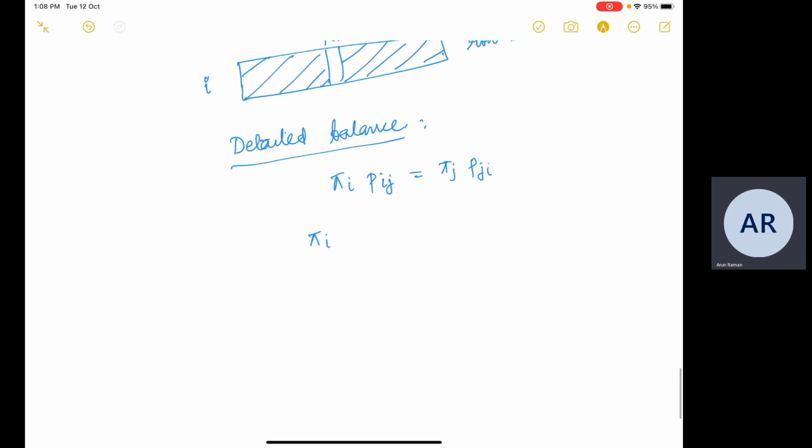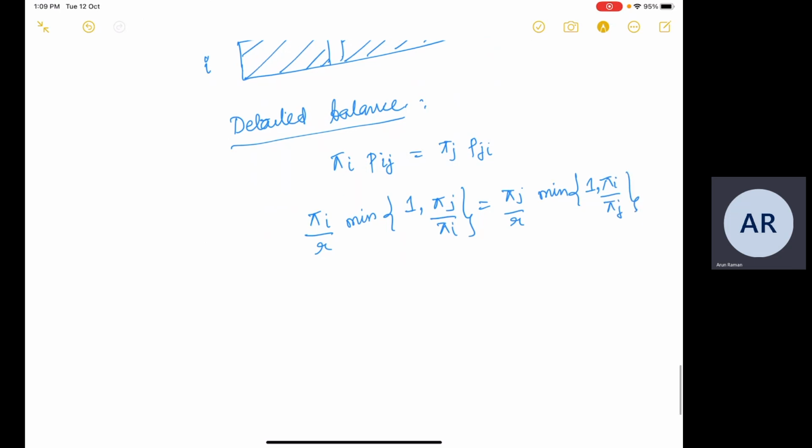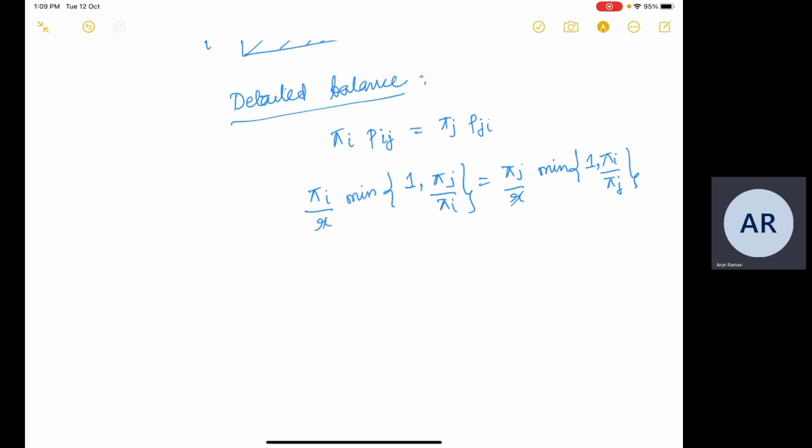So we have pi i by R min of 1 comma pi j by pi i is equal to pi j by R min of 1 comma pi i by pi j. Okay, R gets cancelled, we'll take pi i inside everything. So what we will be left with is min of pi i comma pi j is equal to min of pi j comma pi i.